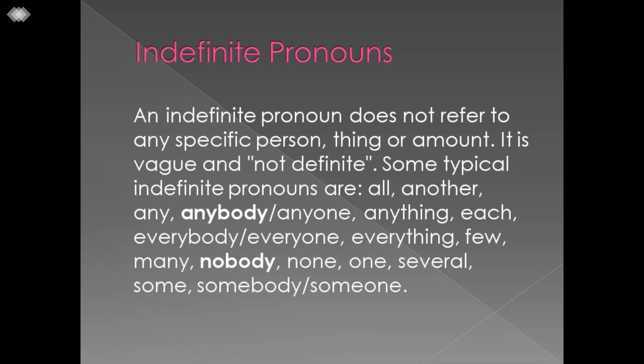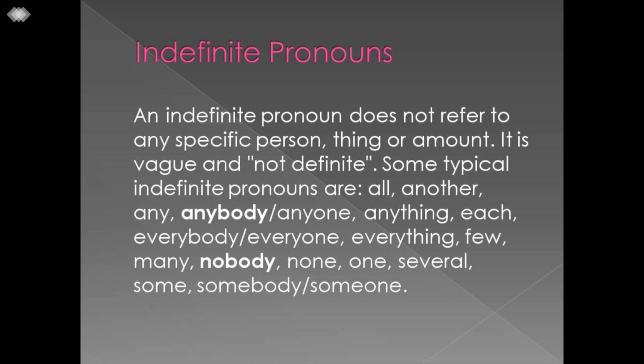All these examples refer to persons or things in a general way. They do not refer to any particular person or thing. So all such pronouns are called indefinite pronouns.